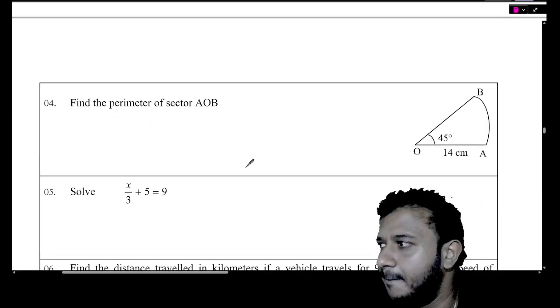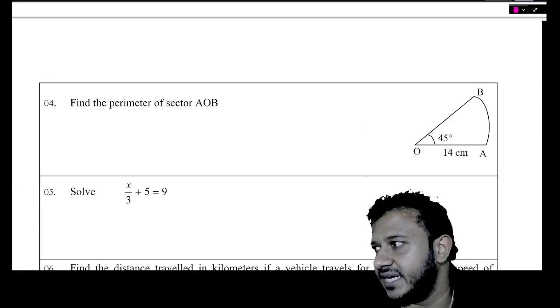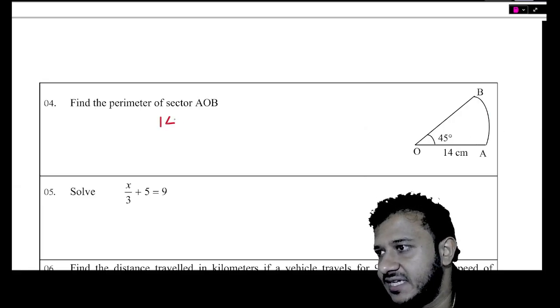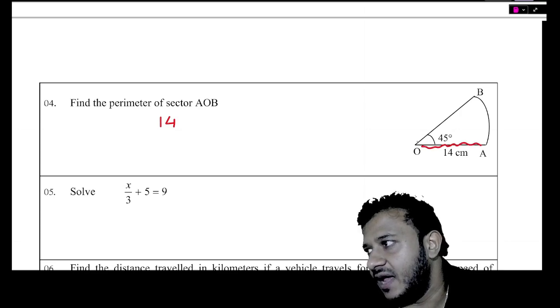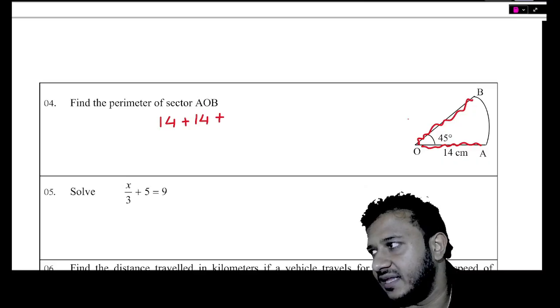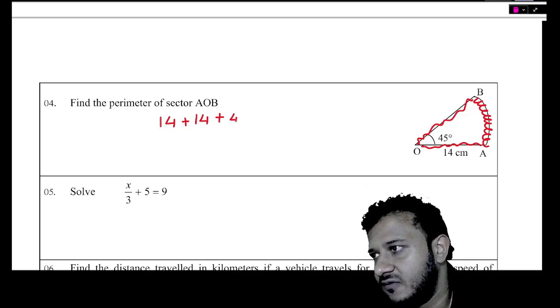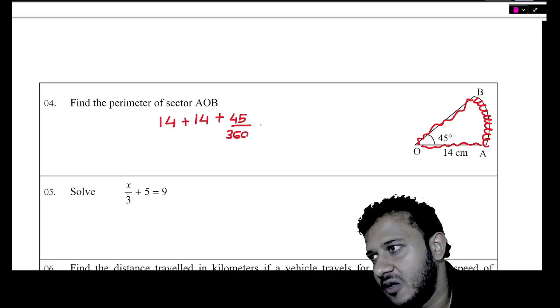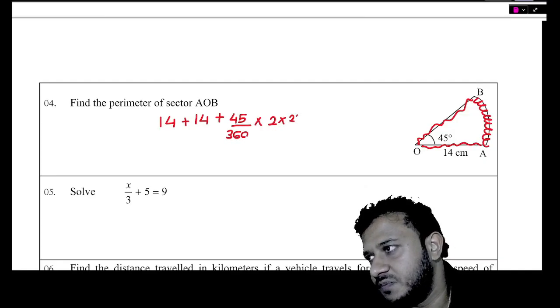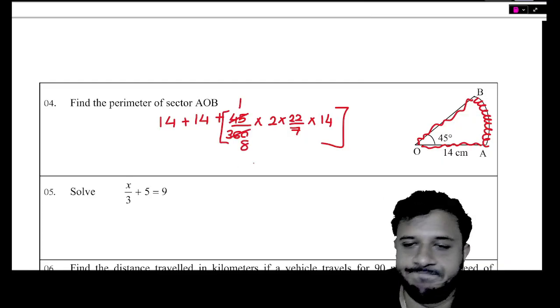Next one, perimeter of sector AOB. Definitely, we can see a radius of 14 here and a radius of 14 here, and an arc length. What is the arc length going to be? Theta over 360, 45 over 360 multiplied by 2 times pi times r. 45 times 1, 45 times 8.